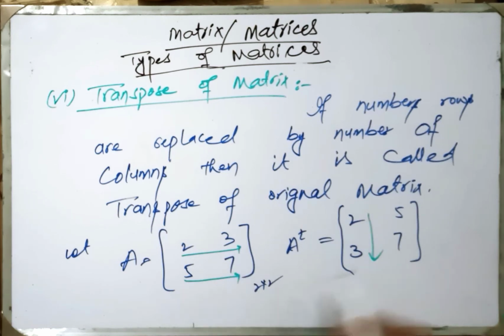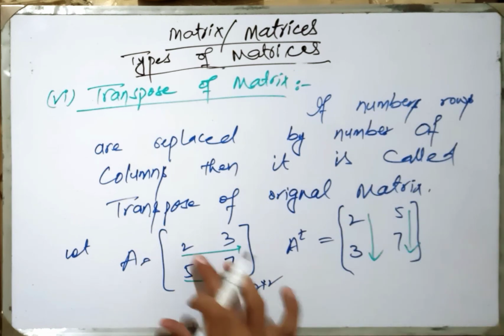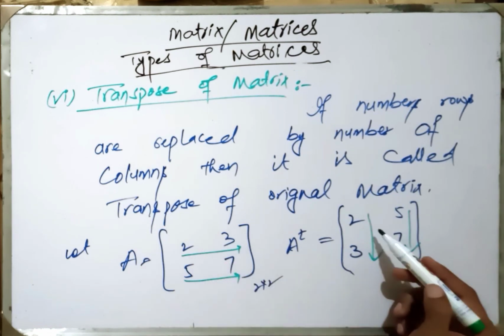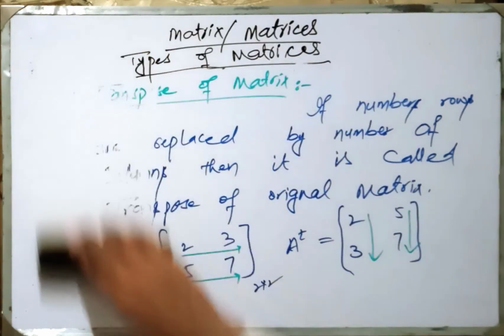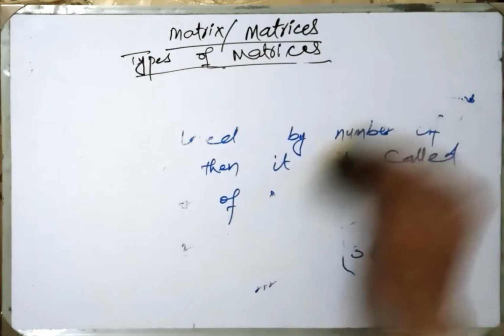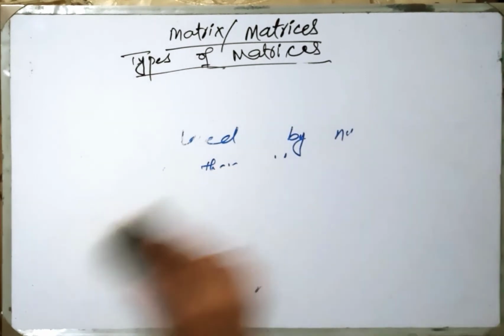Also, this row has been interchanged with this column. That means first row becomes first column, second row becomes second column, third row becomes third column, and so on. This is called transpose of a matrix.